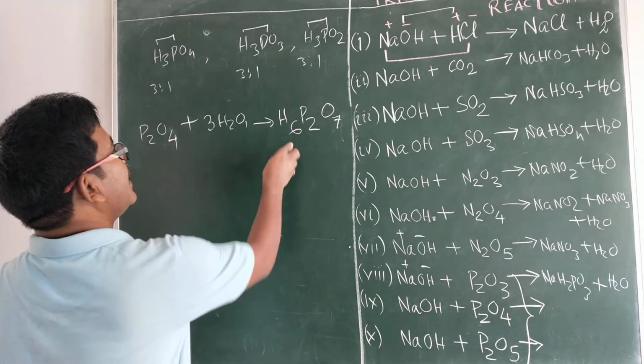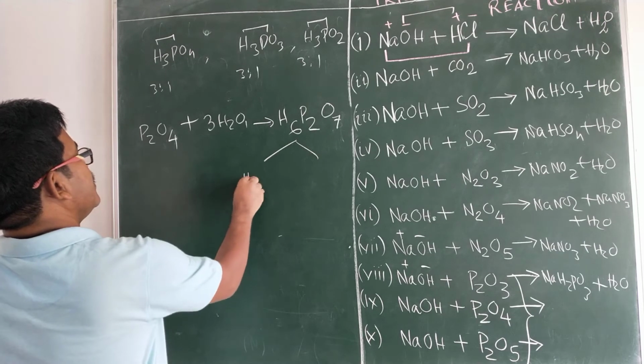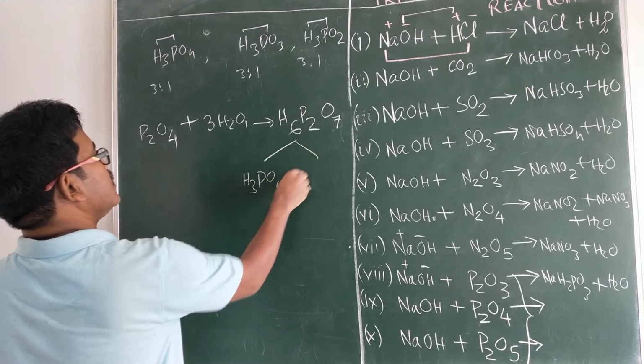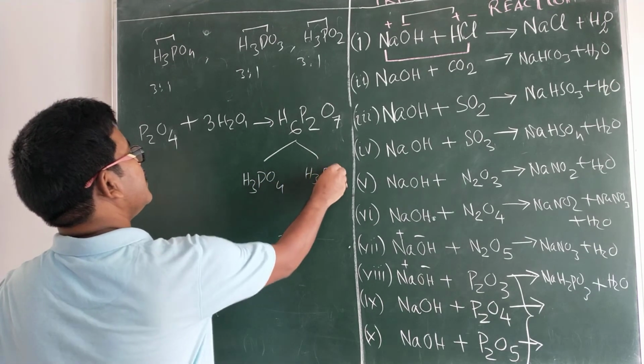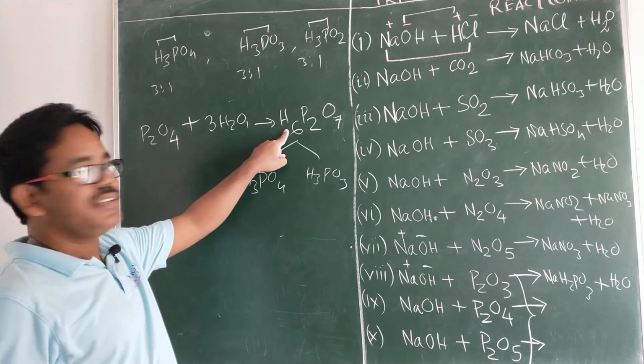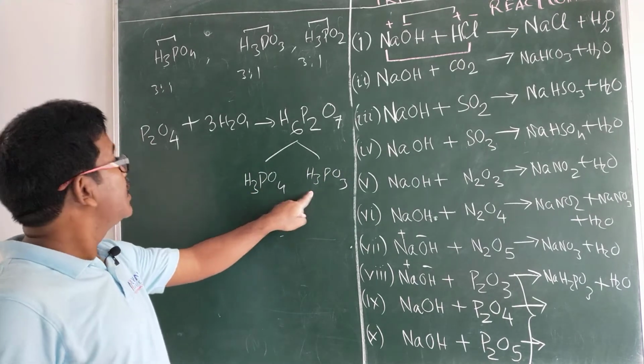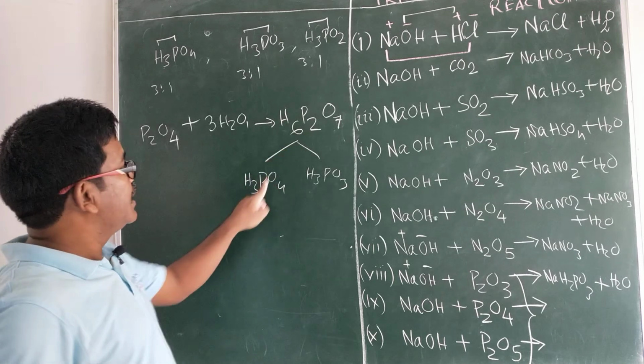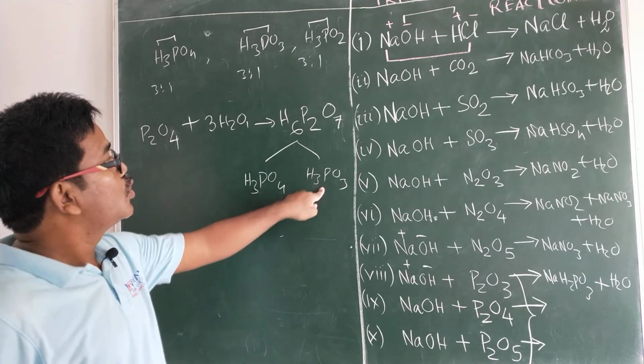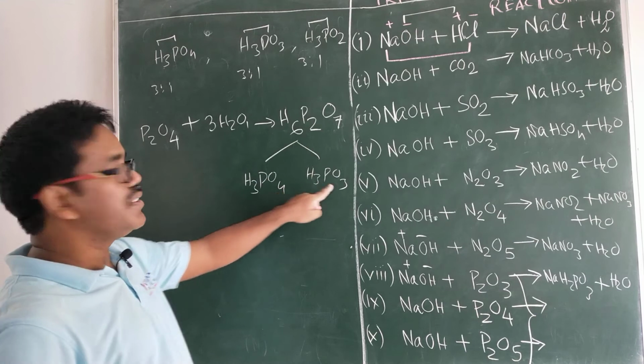This compound we can write as H3PO4 and H3PO3. Check it: there are 6 hydrogen in total, 2 phosphorus, one here and one here, and 7 oxygen, 4 here and 3 here.